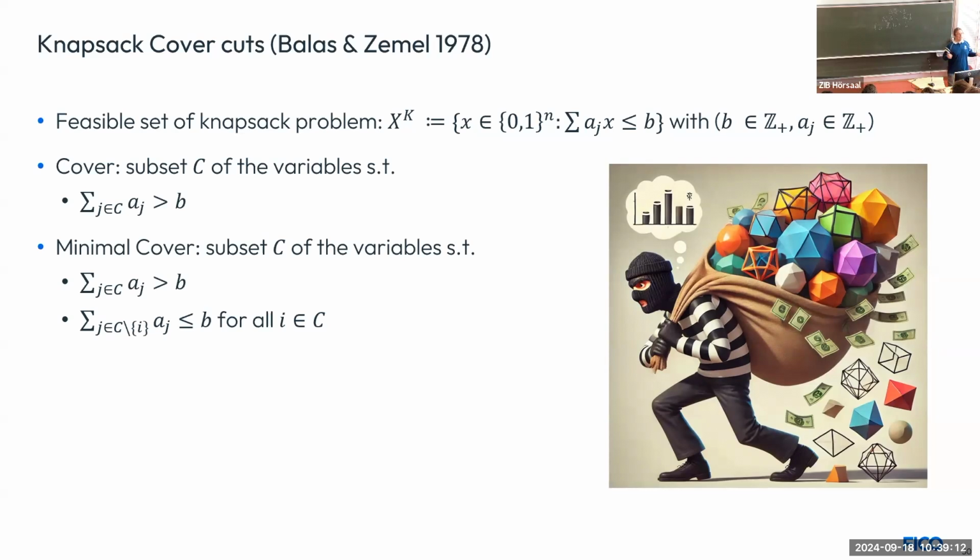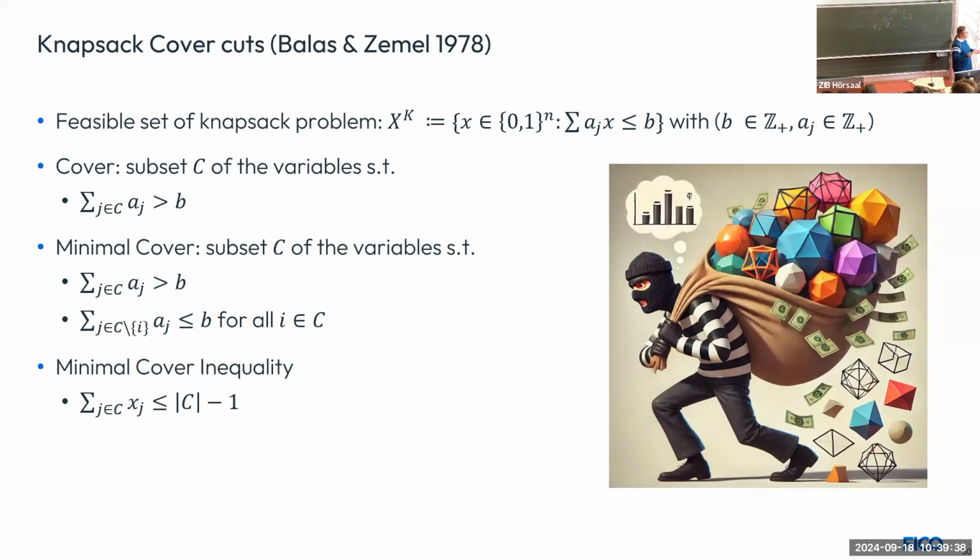So a minimal cover is a cover, at no surprise, with the special condition that once you remove any of the items in your knapsack, it becomes feasible again. The set is not a cover anymore, hence minimal. And you can quickly imagine that every cover can be easily reduced to a minimal cover.